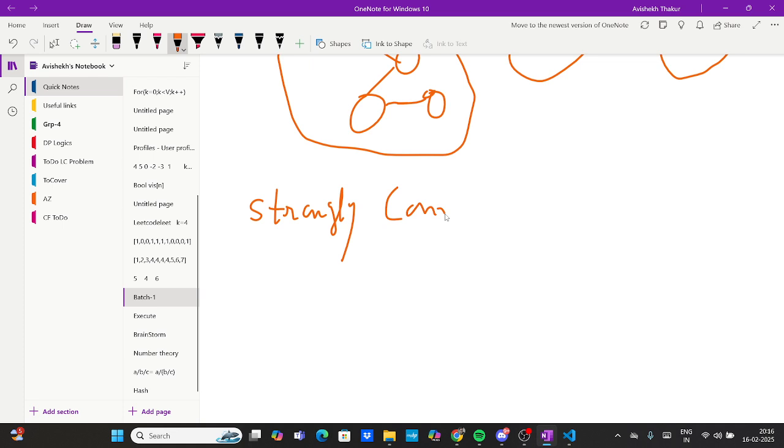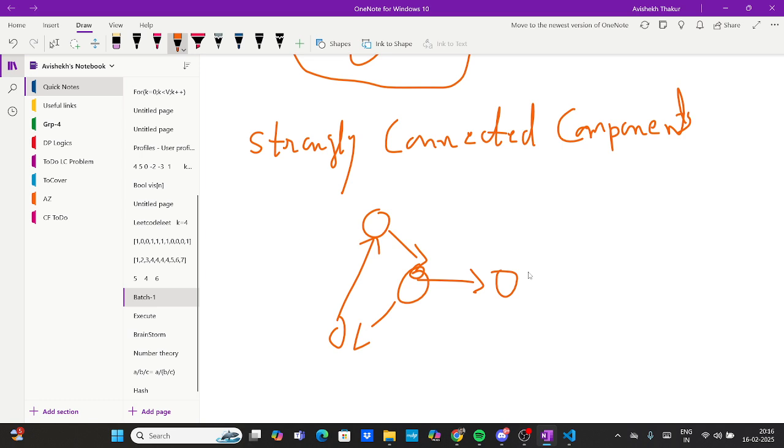So what is a strongly connected component? Same thing, but now you have a directed graph. The same concept goes that in a directed graph, if you start at any node you should be able to reach any other node.